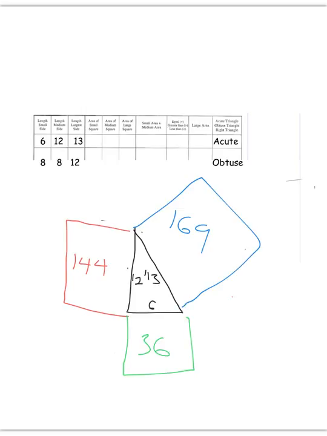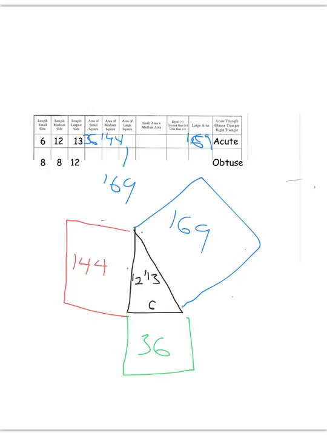The second side, the medium side, 12, gives me an area of 144. So the area of the small square is 36, the area of the medium square is 144, and the area of the large square is 169.